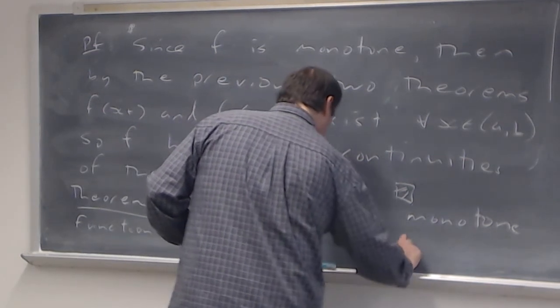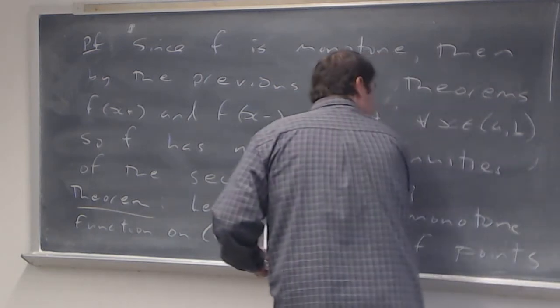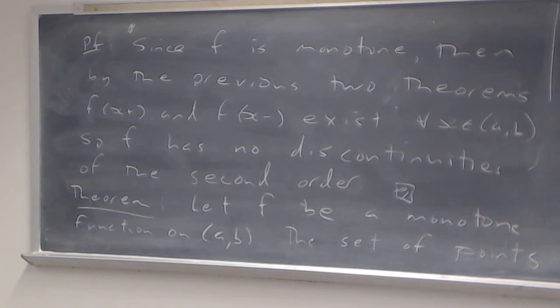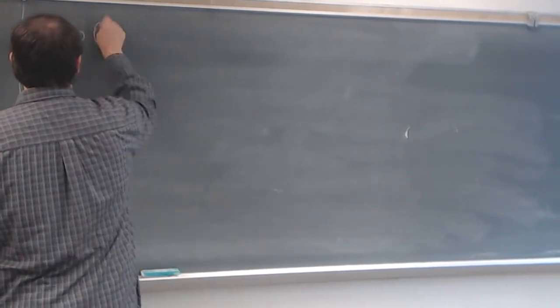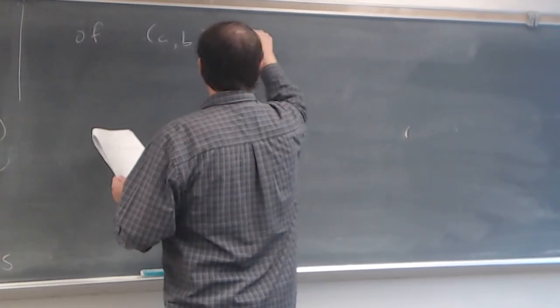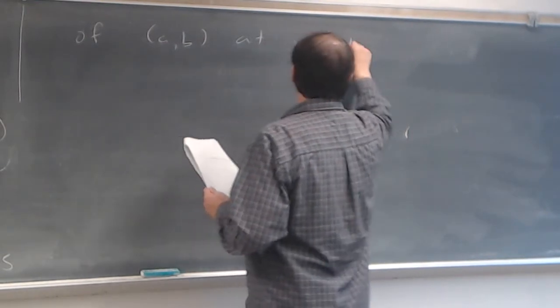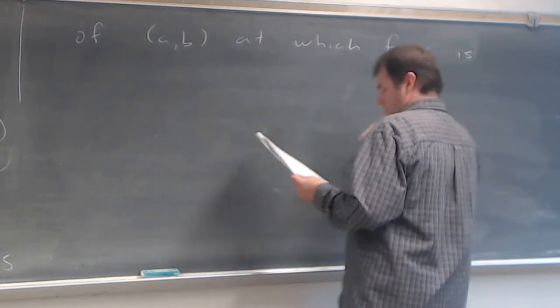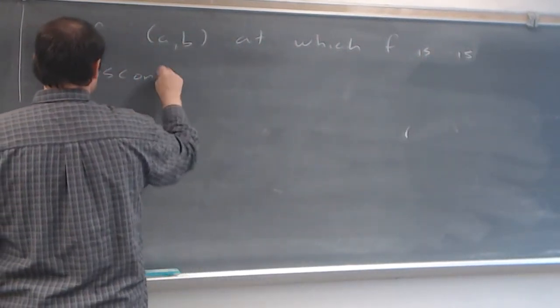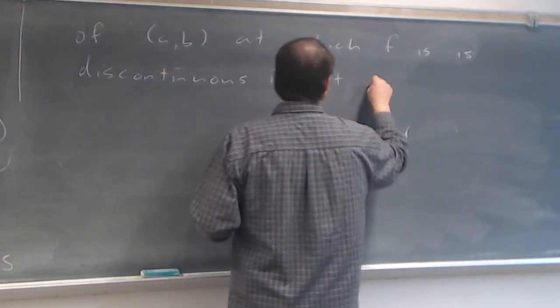The set of points of a to b at which f is discontinuous is at most countable.